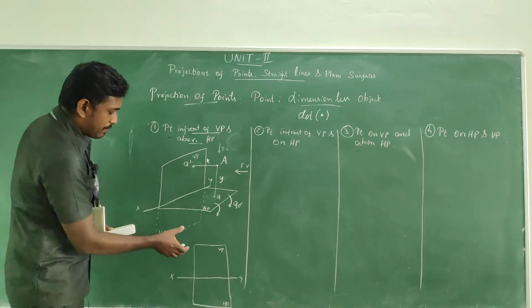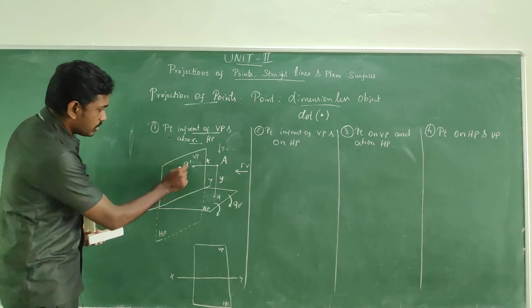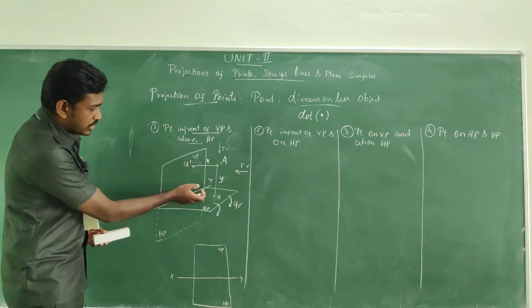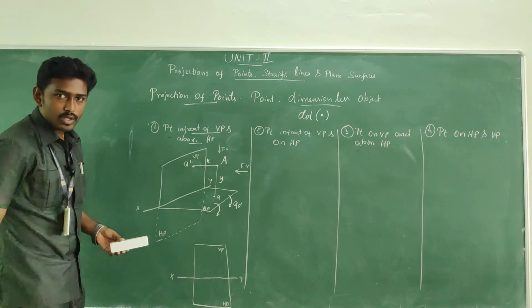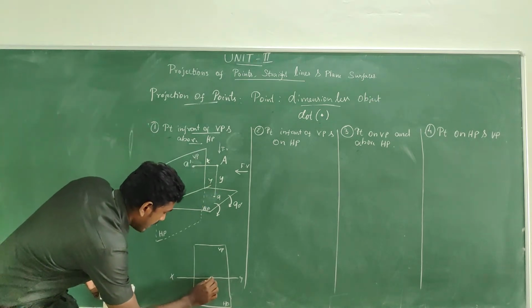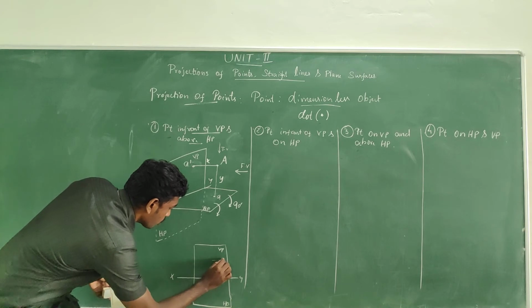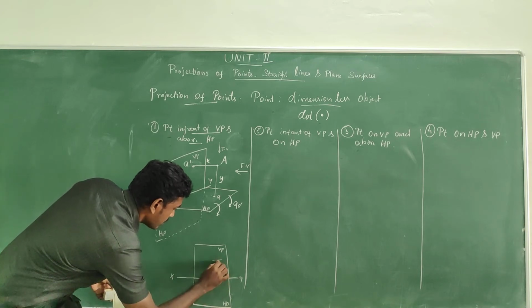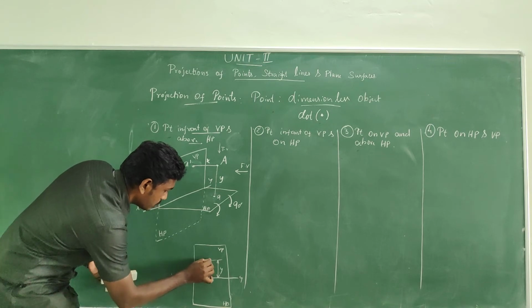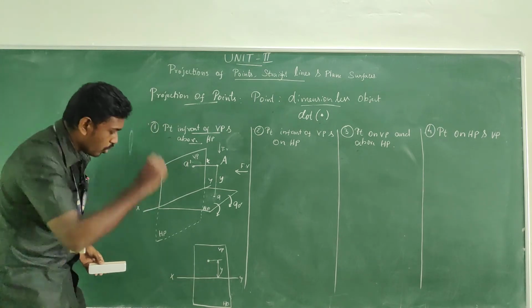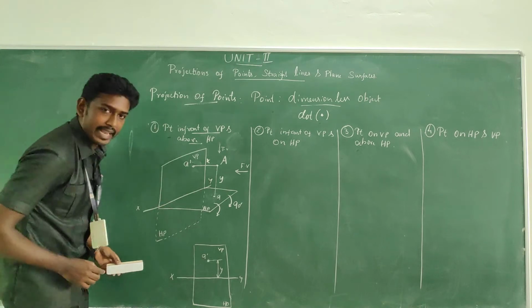When you are representing, think about the front view, A dash, which is from the HP plane, how much? Y distance, right? So take the measurement Y and keep the point on it, and go for the projector. This is the A dash.